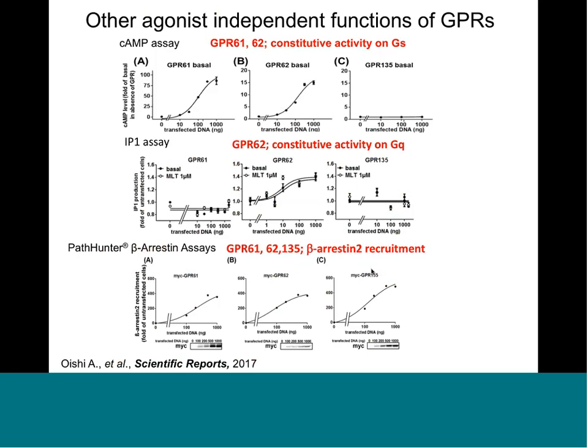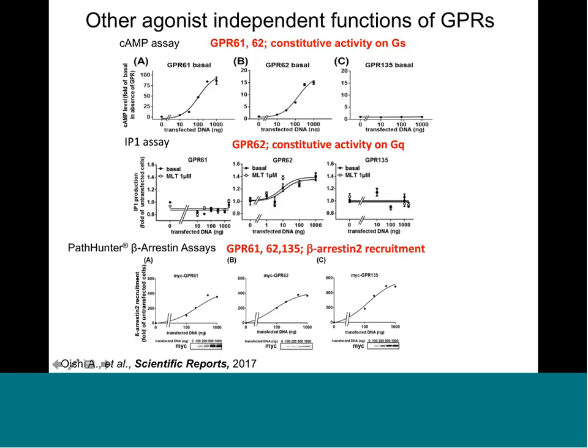Interestingly, this constitutive activity was not only seen for the beta-arrestin recruitment assay, these are the data that you already saw, but we also considered this possibility for IP1 production or cyclic AMP production. And as you can see, we have some constitutive activity also in these assays. And even more interestingly, it seems to be receptor dependent.